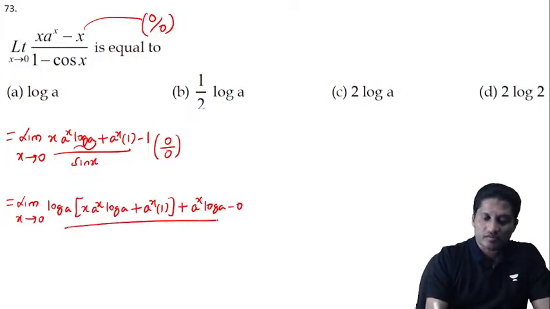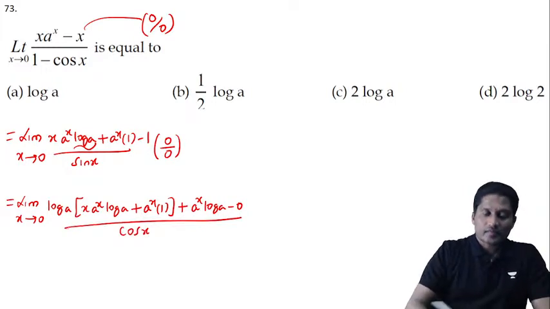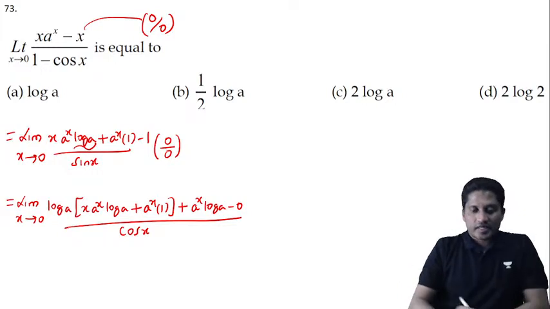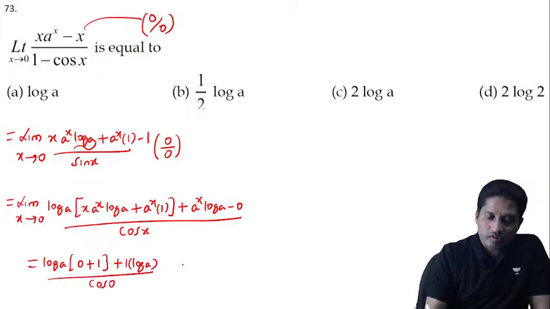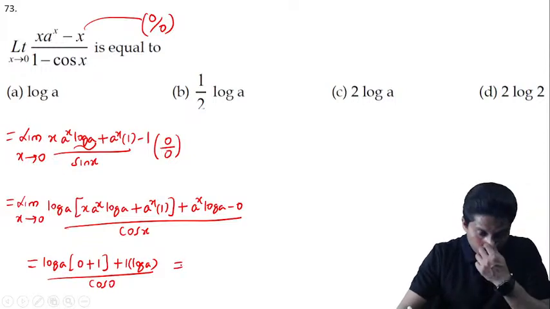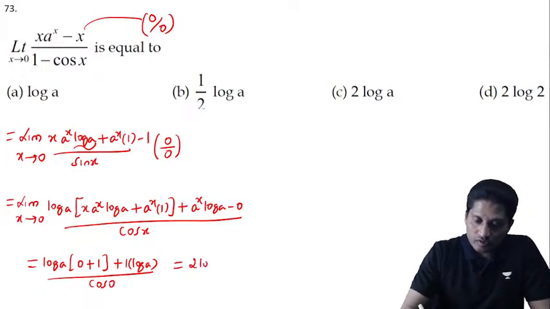Differentiation of 1 is 0, and differentiation of sin x is cos x. Now if x is tending to 0, you will get log a into (0 plus a power 0, which is 1) into log a, whole divided by cos 0. Cos 0 is 1. Numerator: log a plus log a is 2 log a. Answer is option C.